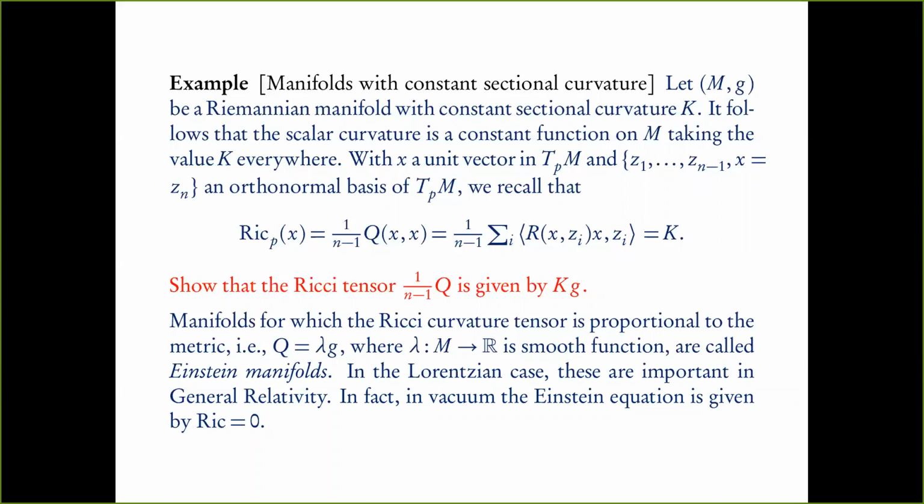So you're looking for a manifold of this type so that the Ricci curvature is somehow coupled with the metric in this sense. Actually it's in a stronger sense, and I'll make that remark in the next slide. But for now, just take this to be the definition, that lambda is just a smooth function and not necessarily a constant. Okay, any questions?